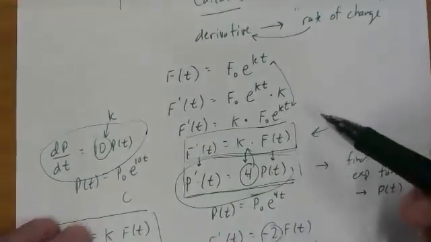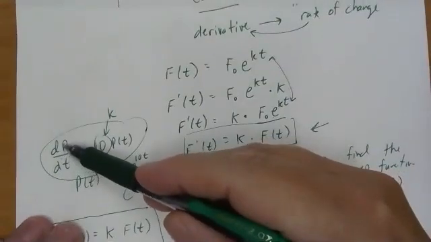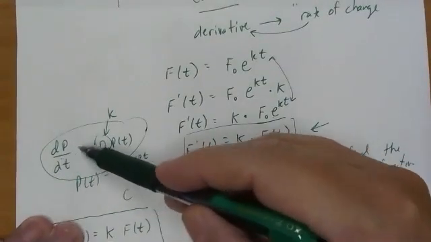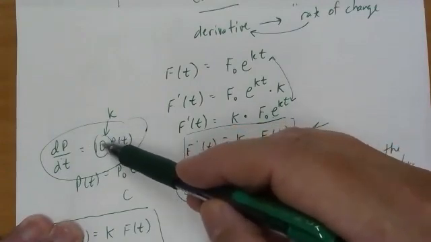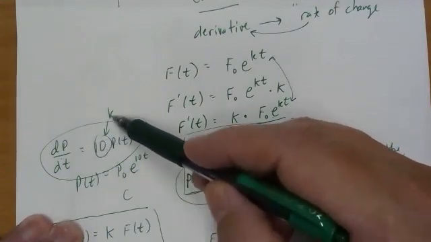So this is the function, but then what did I just say? I talked about this little thing where you have an equation like this, where the derivative equals a number times the function. What did I say? The number in front of this function is k.